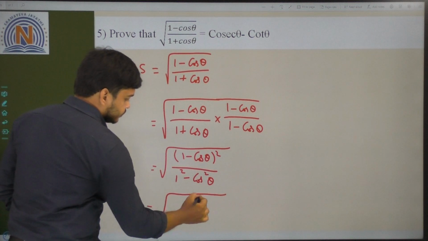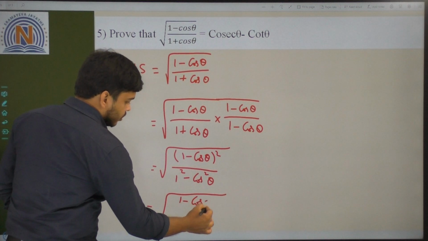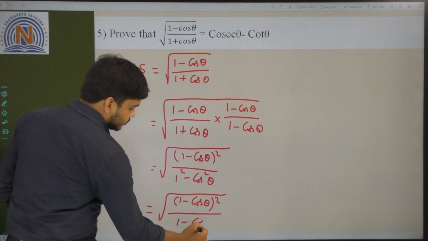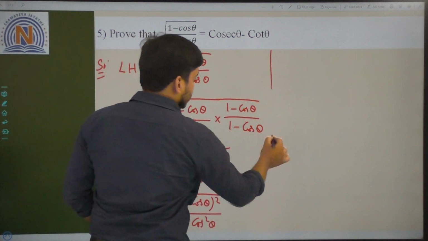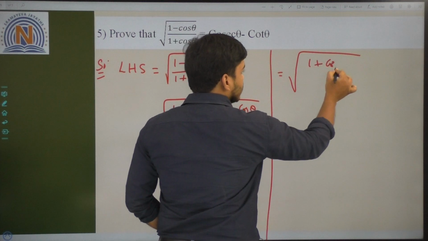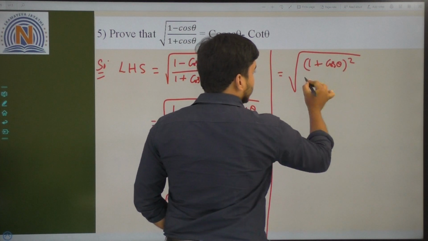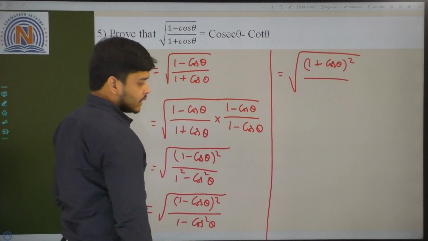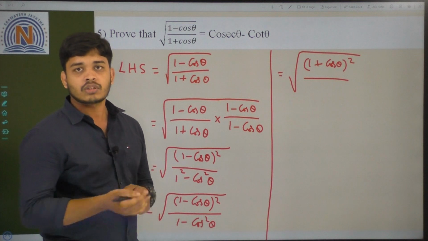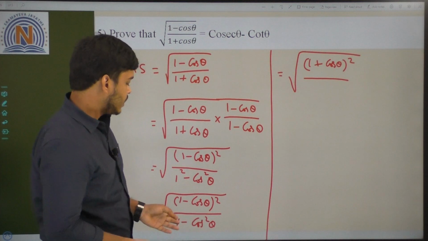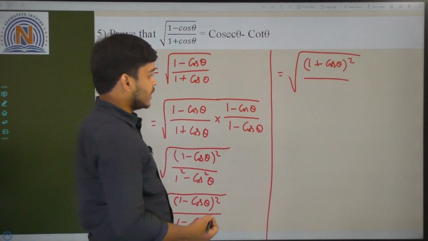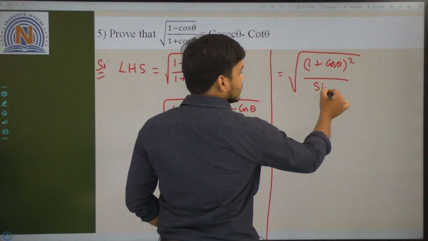Therefore root over 1 minus cos theta whole square by 1 minus cos square theta. Now here 1 minus cos square theta, by using the identity sin square theta plus cos square theta is equal to 1, we write it as sin square theta.